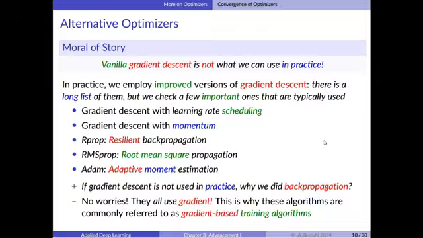They are more powerful algorithms that have vanilla gradient descent inside them, and not only this, but also more. So don't worry about the things that we discussed up to now.